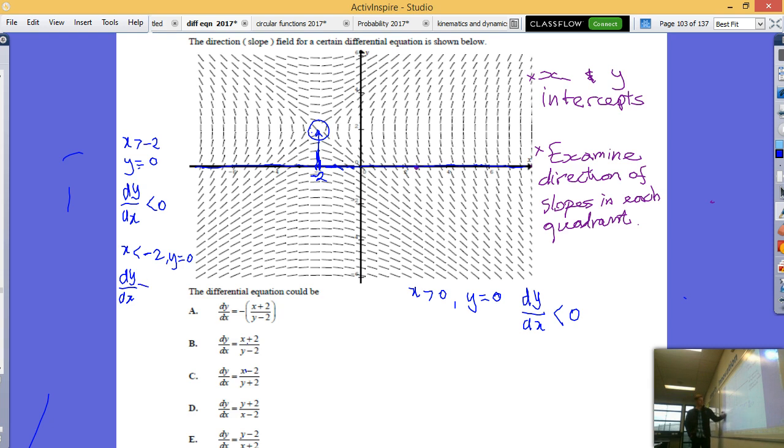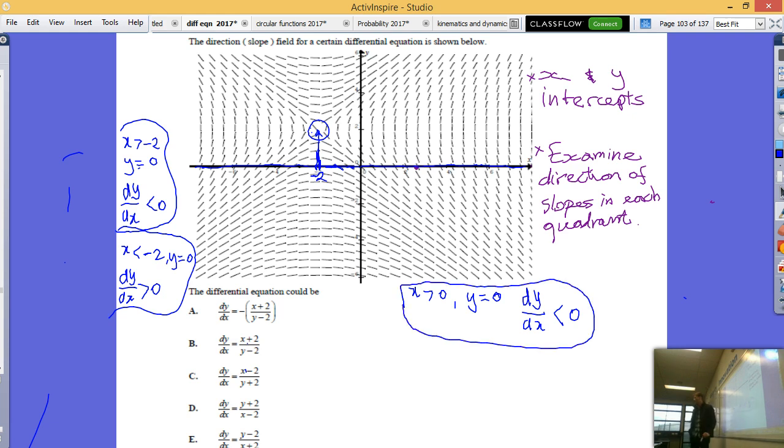Alright? Which means that they're positive. So we're identifying some behavior of our gradient by examining what the little tangents are looking like for particular conditions on x and y. Does that make sense? So you can now examine some of these rules and see if these rules themselves match this behavior. Okay?